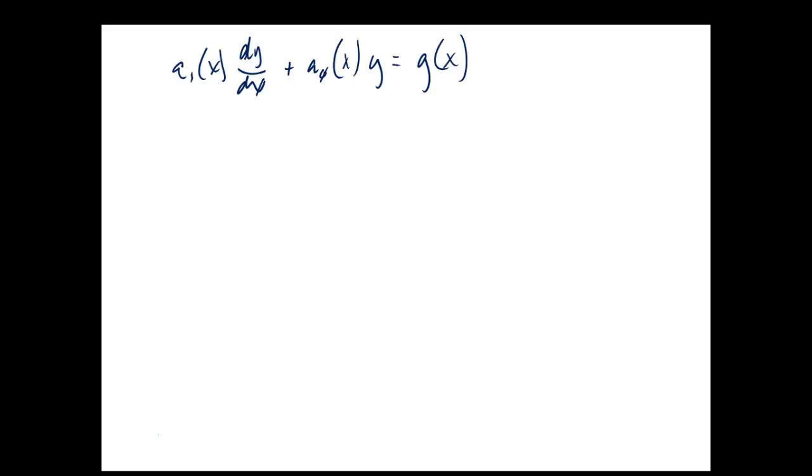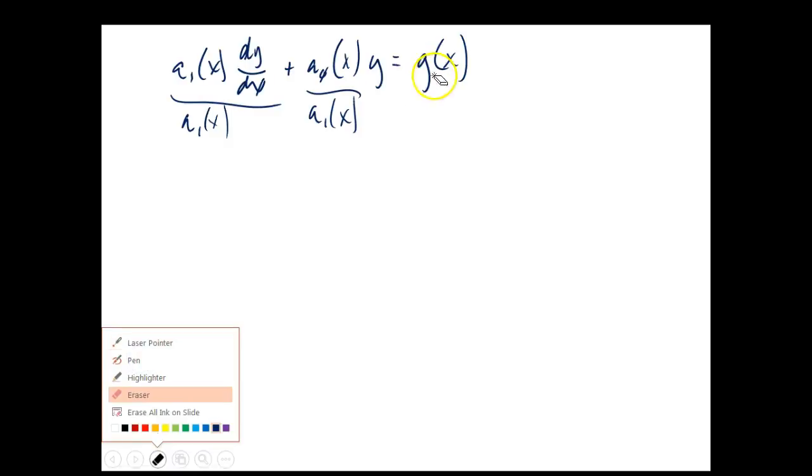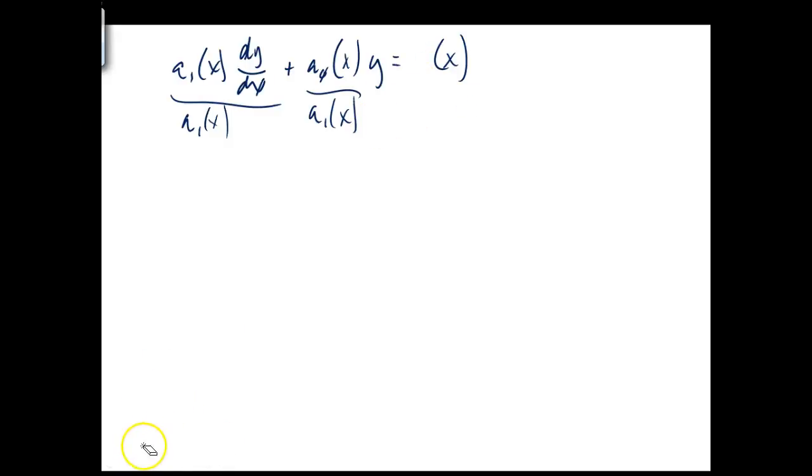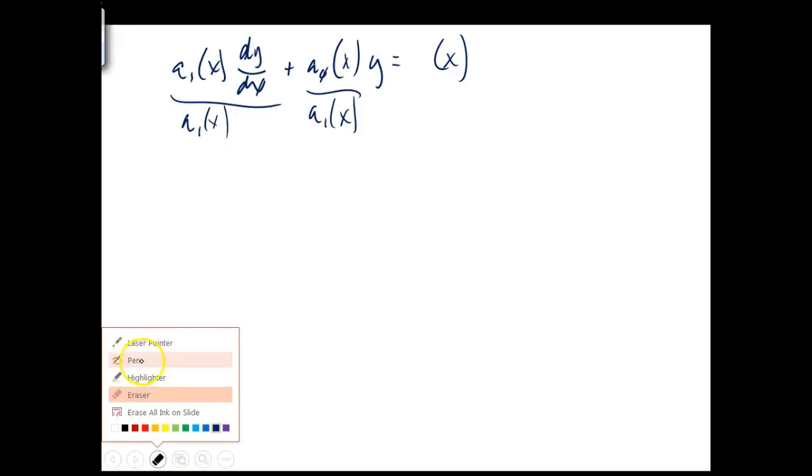Now that's technically one way you can express it. Okay, quite often we don't write it that way. In fact, the standard form is a little different from that. In fact, what you do is, if you have it like this, here's what you do. Divide by a1 of x. Whoops. Okay. I hit the pen and it didn't come up.